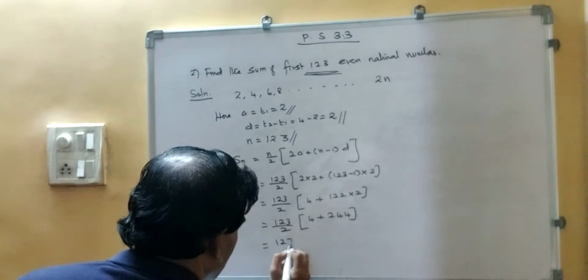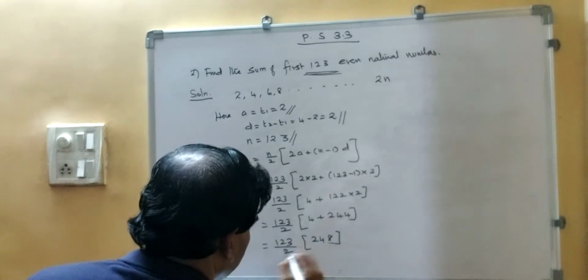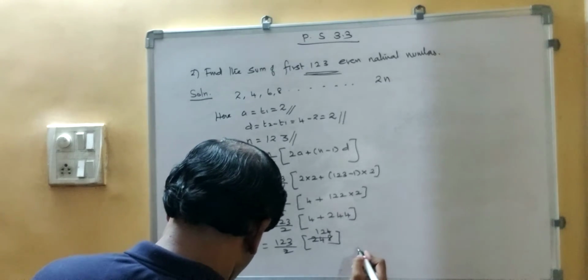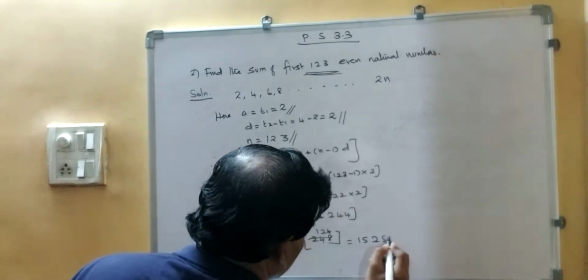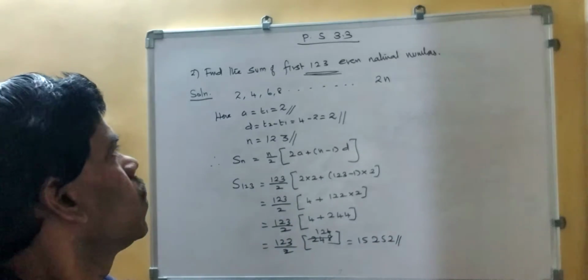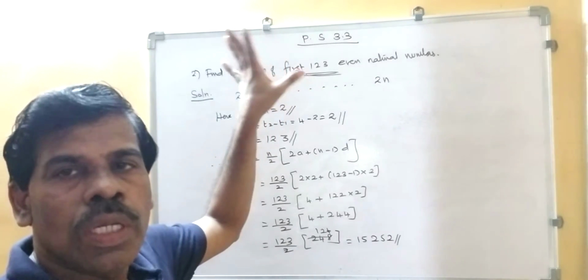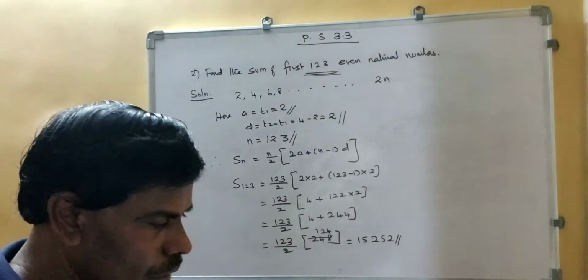So 123 upon 2 into 248, which is 123 into 124. If you multiply, what will you get? 15252. So when you add the first 123 even numbers, their sum will be 15252.